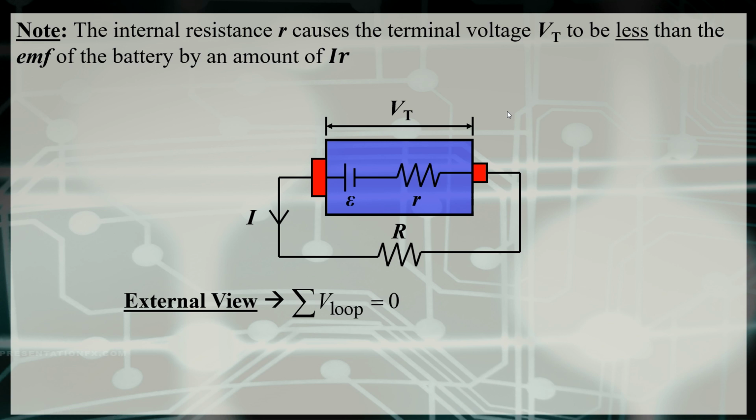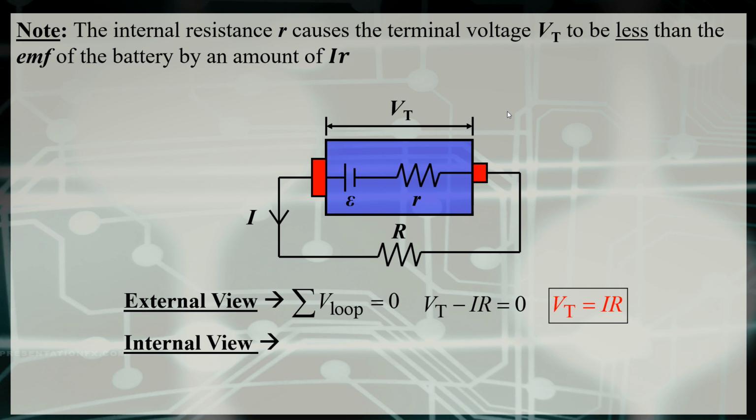If we apply Kirchhoff's voltage rule to that loop, just the outside loop where we can't see inside of the battery, it's a really simple equation. It would just be the terminal voltage, which is positive for the battery, and then you would subtract the voltage across the big resistor, capital R, which would be equivalent to the current through that resistor times its resistance value. So that gives me an equation that tells me the terminal voltage is equal to capital I times R.